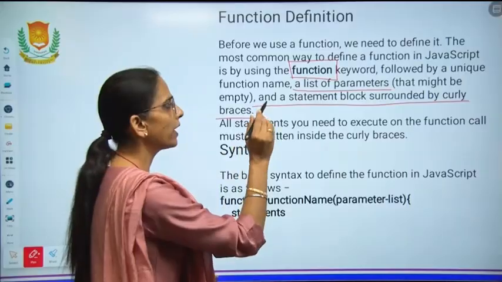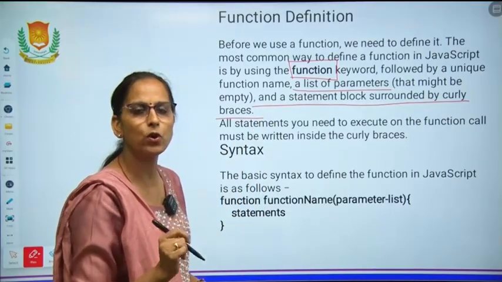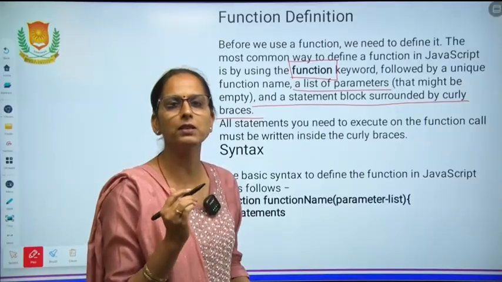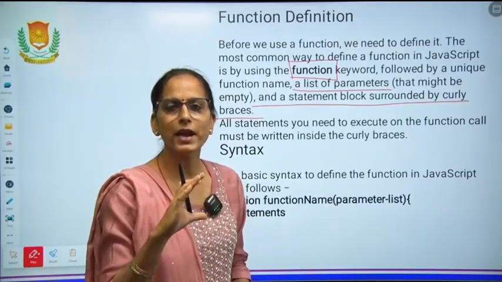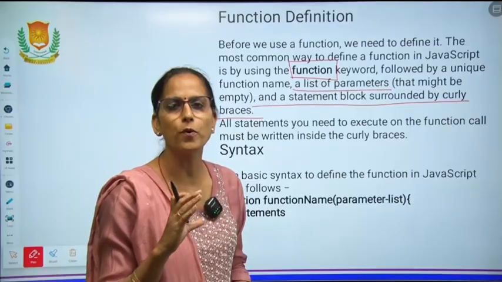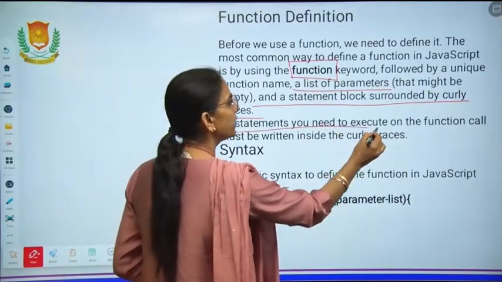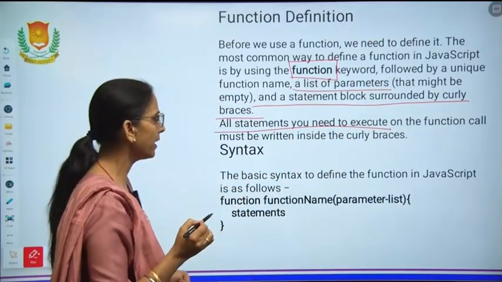You have to write down the name of the function, then put the curly braces. Curly braces are basically used to decide the range and scope of a particular statement. All statements you need to execute will be written within the curly brackets.